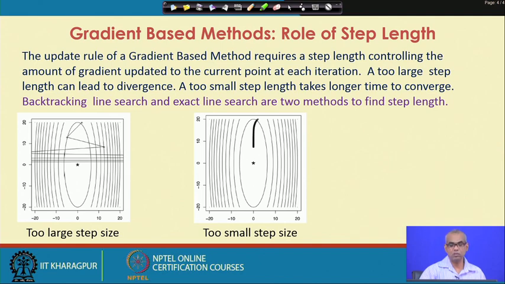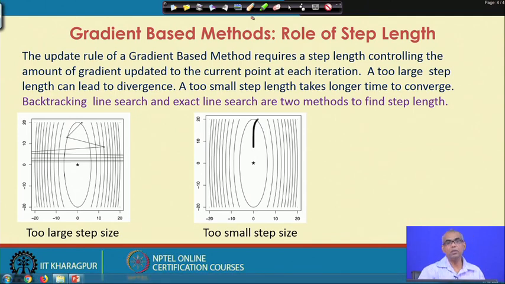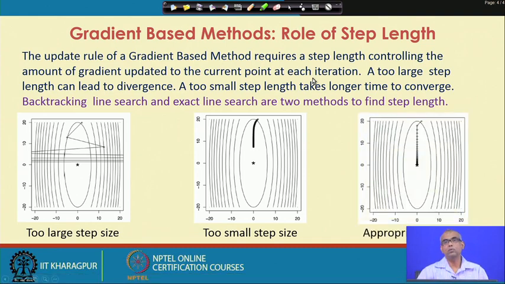The minimum is shown by the star, and we are showing a two-dimensional function's contours. Similarly, when you find an appropriate step size or step length, you will get convergence, and you will get convergence in not so many iterations.